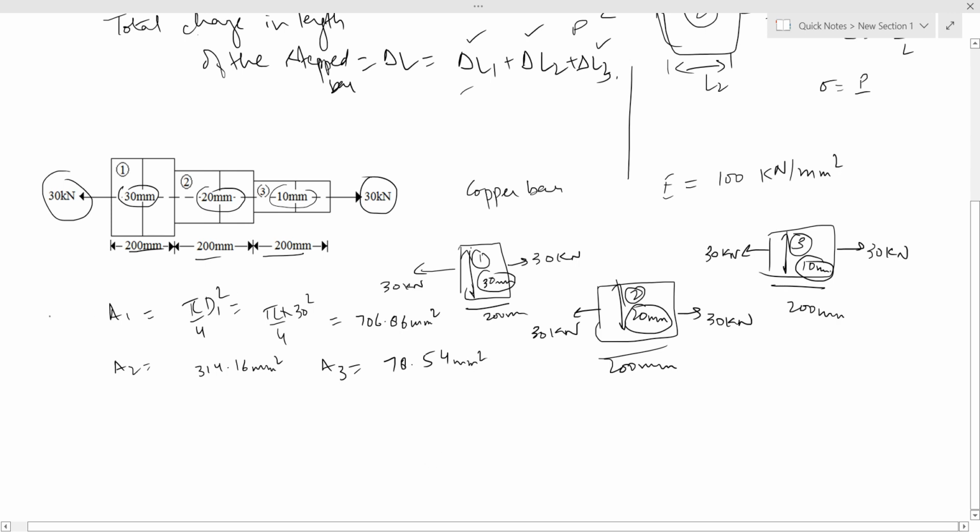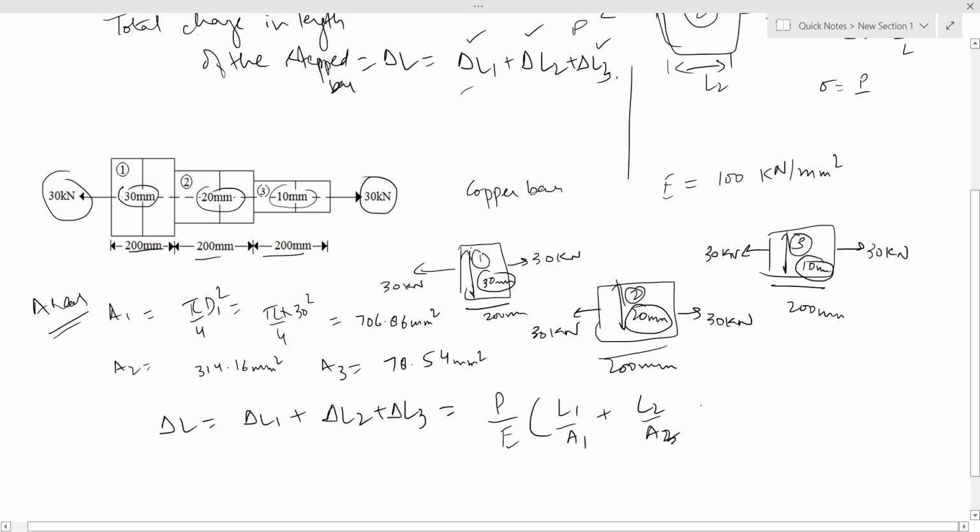After finding the areas of the cross section, we will find the stresses, that is the value of P upon A, or we can directly write the value in del L. Del L equals del L1 plus del L2 plus del L3, that is, P is constant and E is constant, so P upon E, L1 upon A1 plus L2 upon A2 plus L3 upon A3.